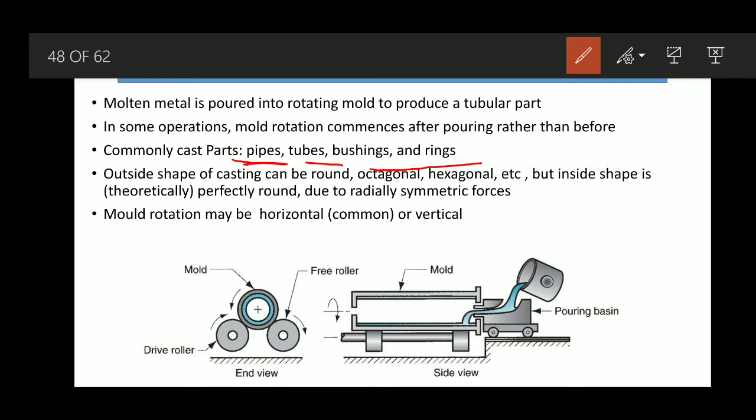In some cases, the mold may be rotating from the very beginning, before we pour the molten metal.